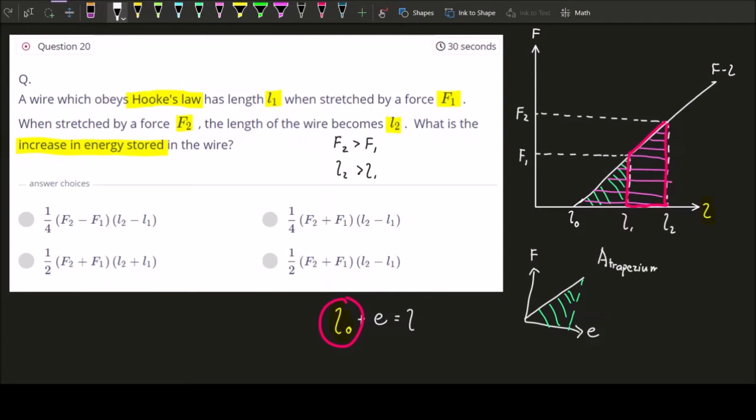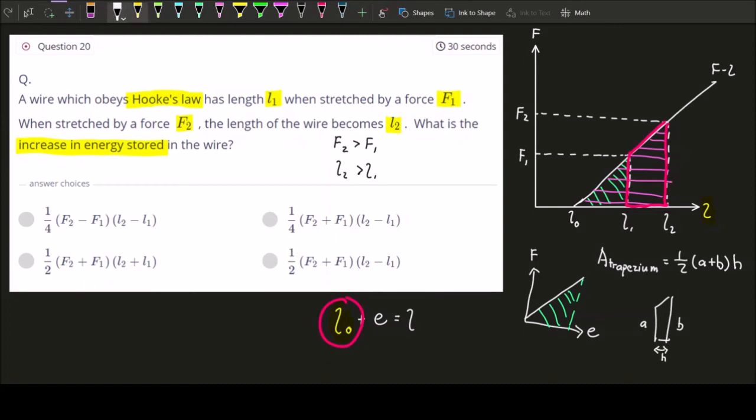The area will be half times (A plus B) times H, where this is A, this is B, whereas this is H. So this is a trapezium.